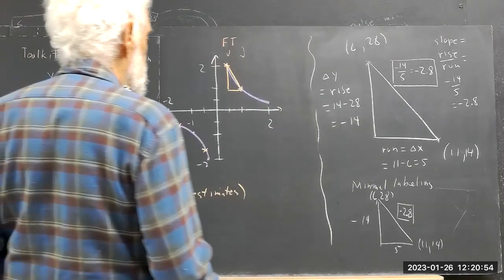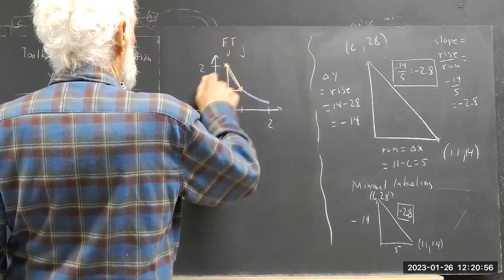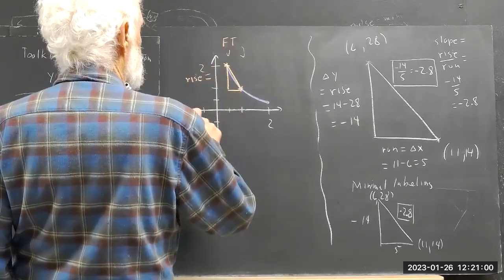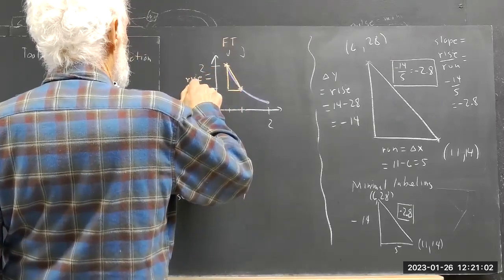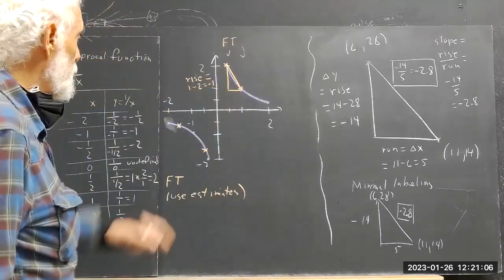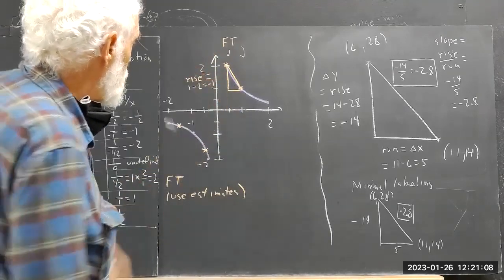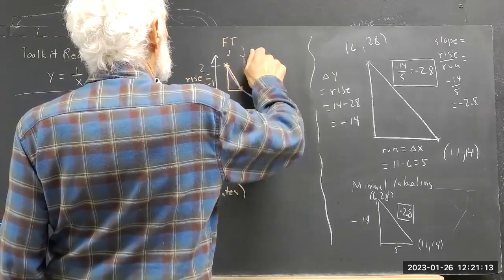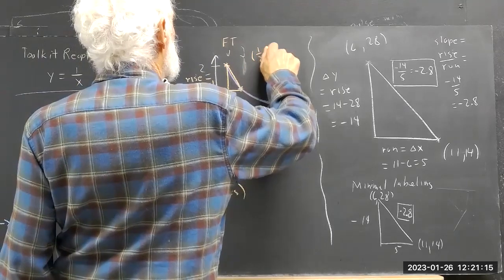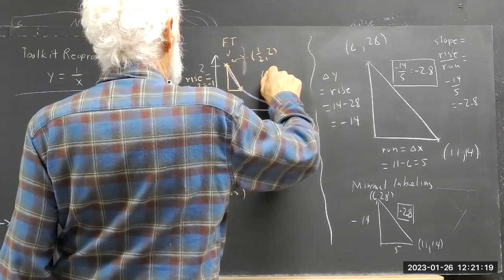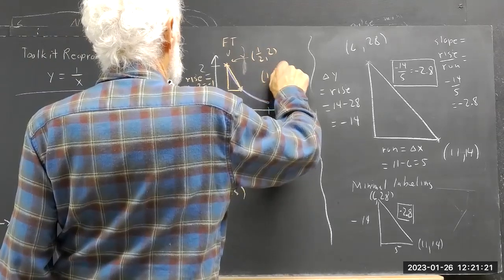Here's your fundamental triangle. The rise is -1. You're going from 2 down to 1 because, of course, this point is 1/2, 2, and this point is 1, 1.